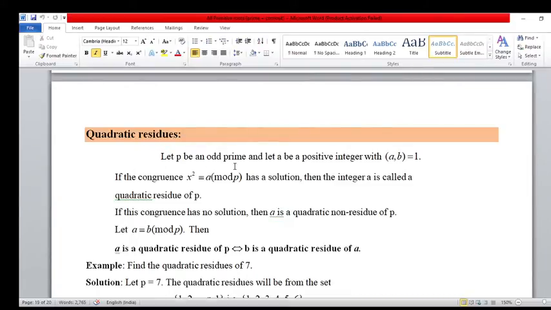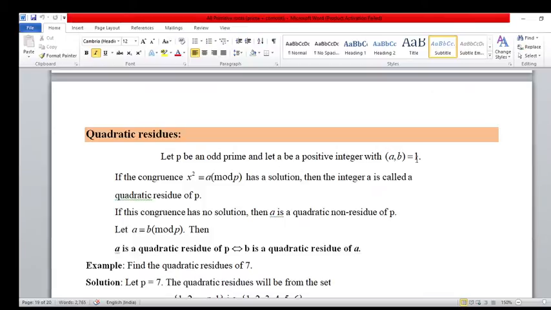Let p be an odd prime and let a be a positive integer such that a and p are relatively prime. If the congruence x squared congruent a mod p has a solution, then the integer a is called a quadratic residue of p.